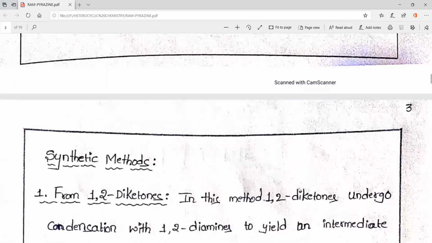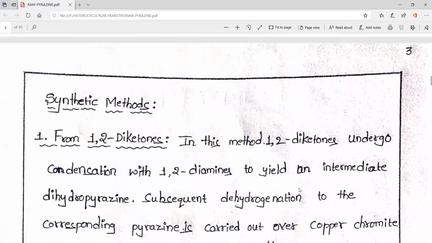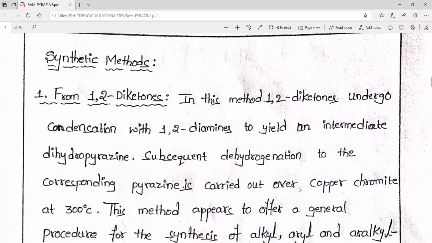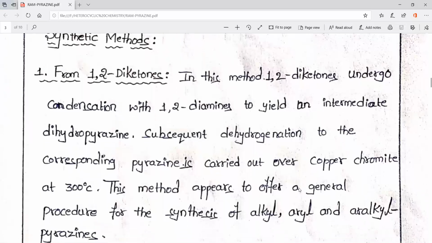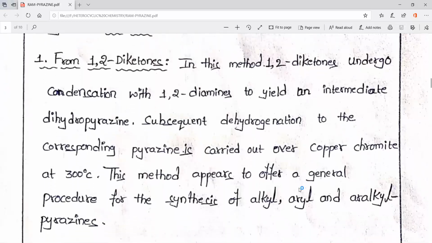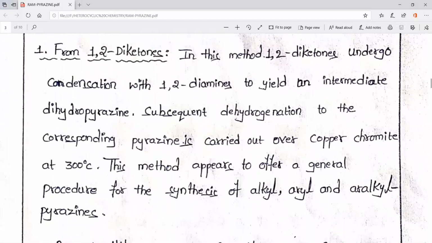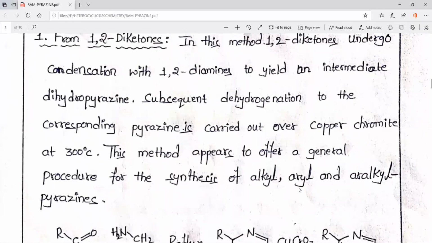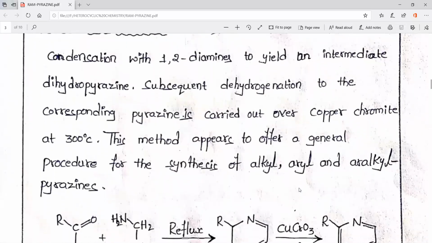So coming to methods of synthesis. The first is the reaction of 1,2-diketones with 1,2-diamines. So 1,2-diketones undergo condensation with 1,2-diamines to form an intermediate dihydropyrazine, which on subsequent dehydrogenation gives pyrazine.